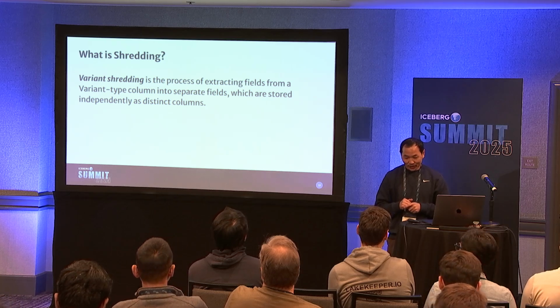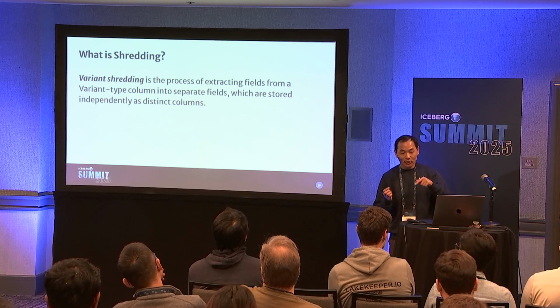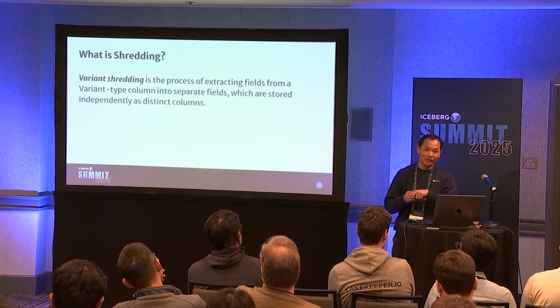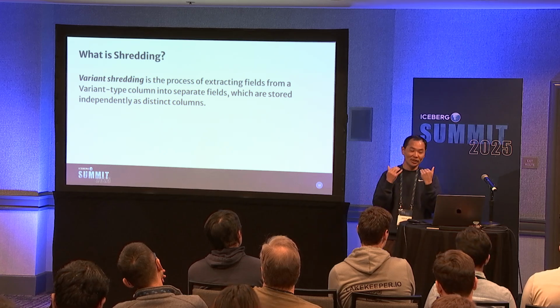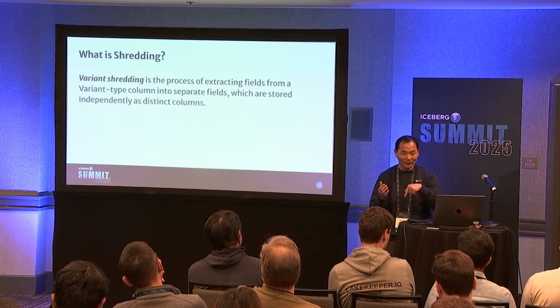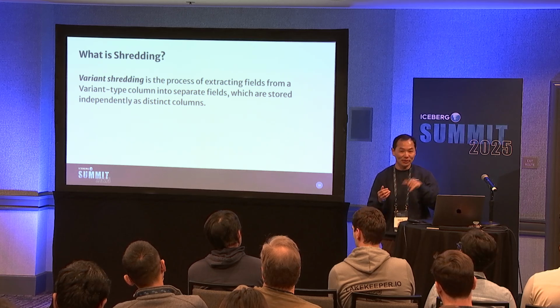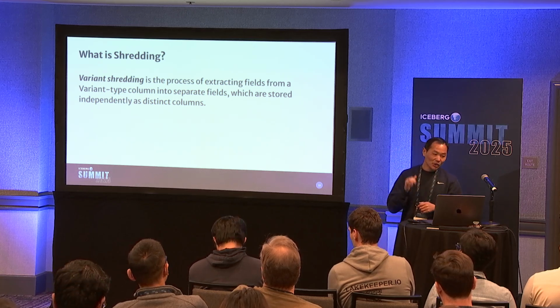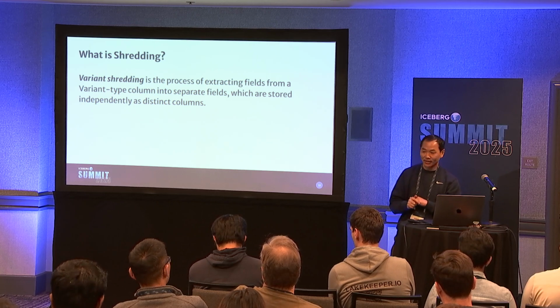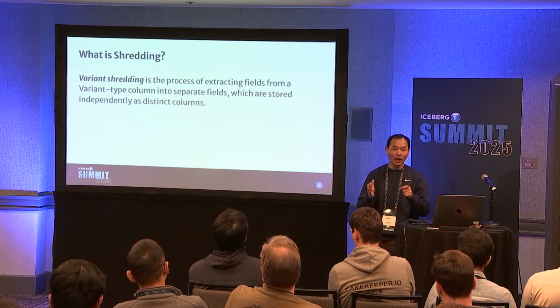Now without shredding, when you are trying to access a certain field, you have to load the whole variant, the whole value, and then decode and parse the data, right? What shredding does is, let's say you have certain fields which are commonly accessed.